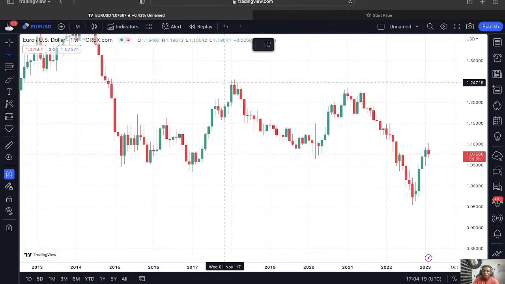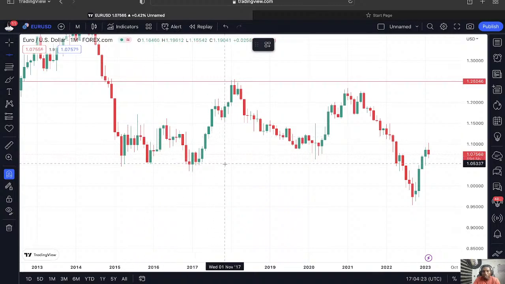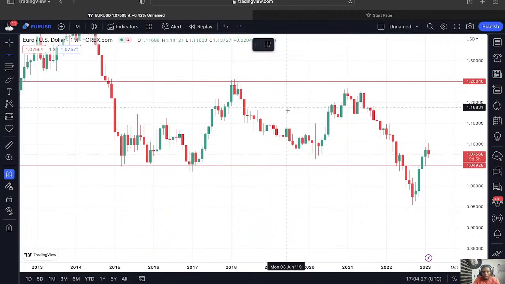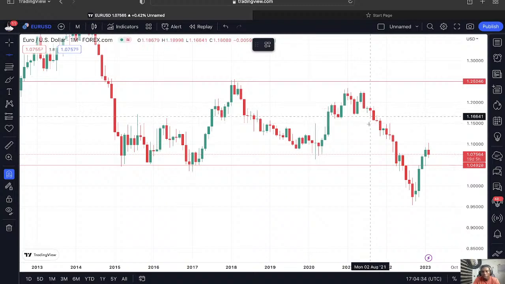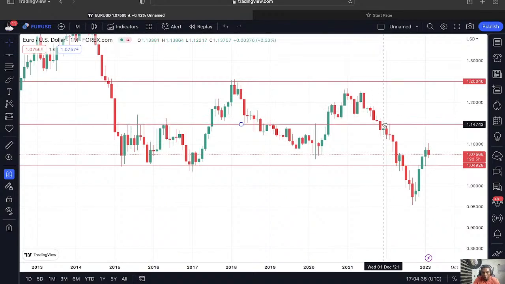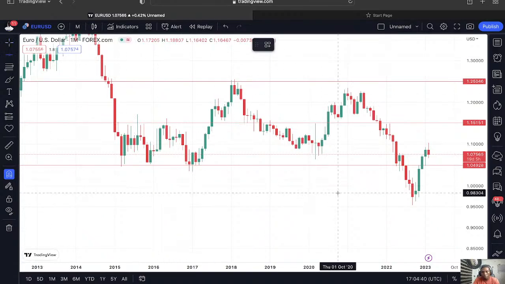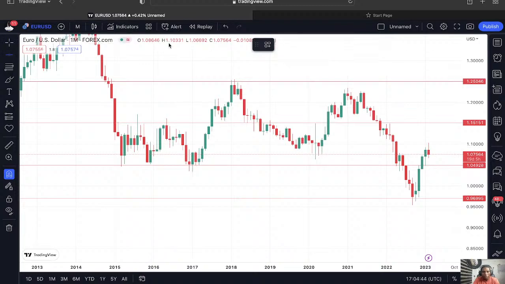So currently we want to look at what is the market structure, starting from using a top-down approach. We are mapping out levels of support and resistance.